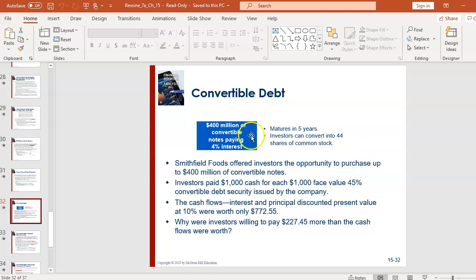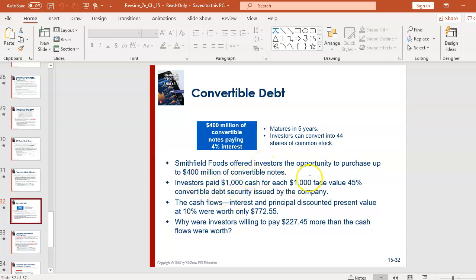Okay. Then also keep in mind that we can have debt that's convertible into stock. Okay. So in this example, $400 million convertible notes paying 4% interest. They mature in 5 years, but investors can turn them into 44 shares of stock. Smithfield Foods offers investors the opportunity to purchase up to $400 million worth of convertible notes.